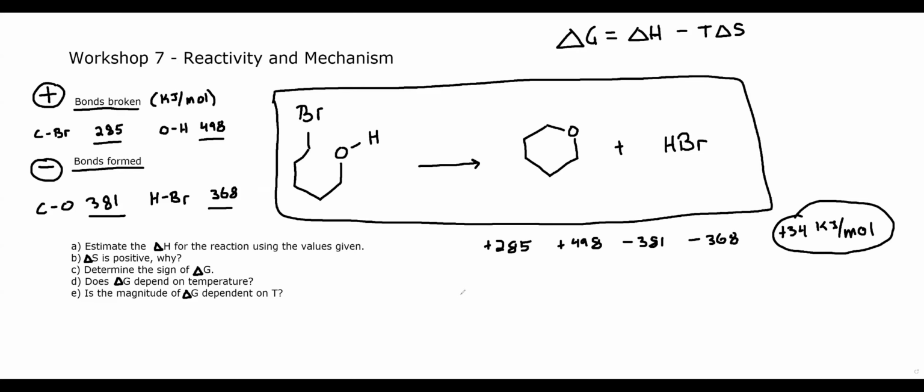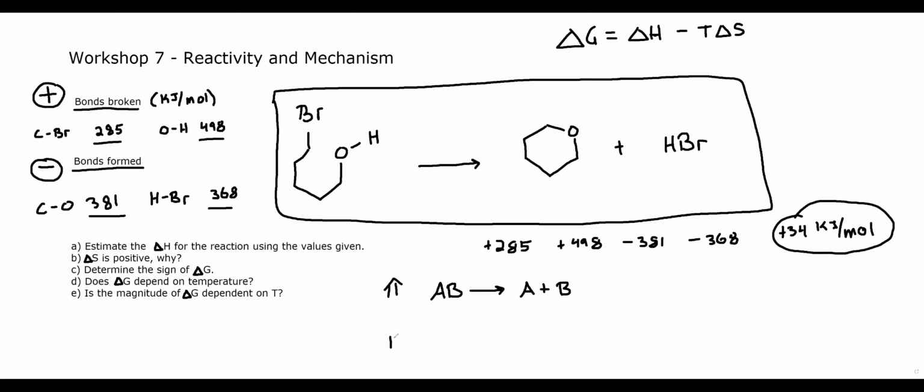Well, let's consider what gives us positive or negative entropy. Remember, we have two different ways we can consider entropy for a chemical reaction like this. Entropy could increase if we go from A, B, breaking apart into A plus B, right? If we break one thing into multiple parts, that's an increase in entropy.